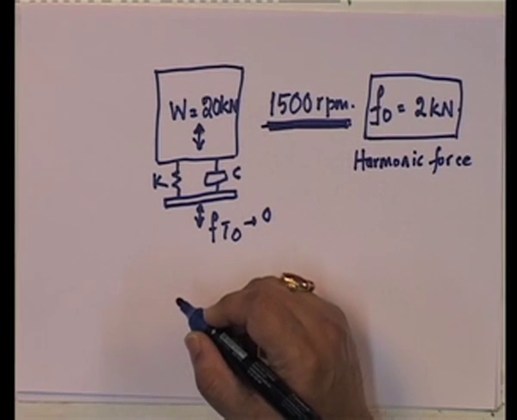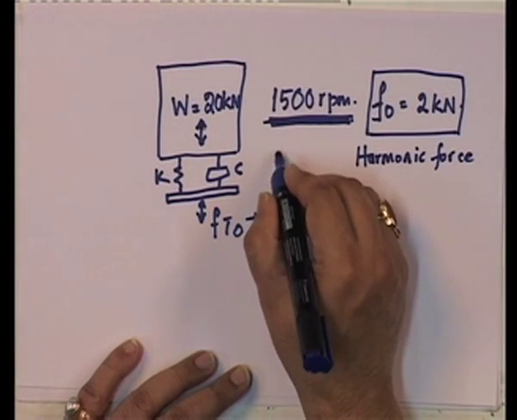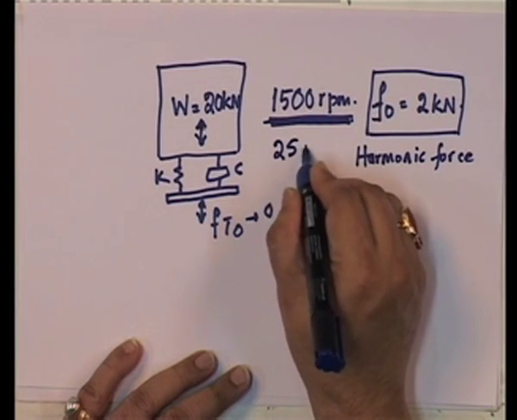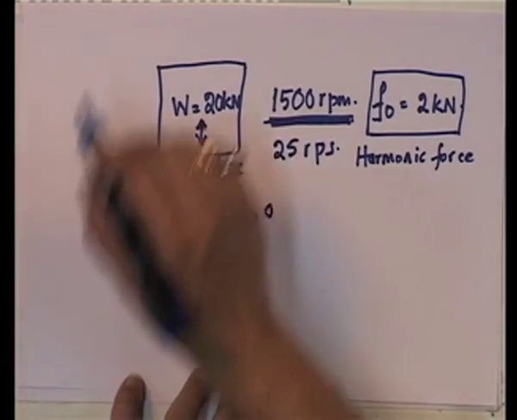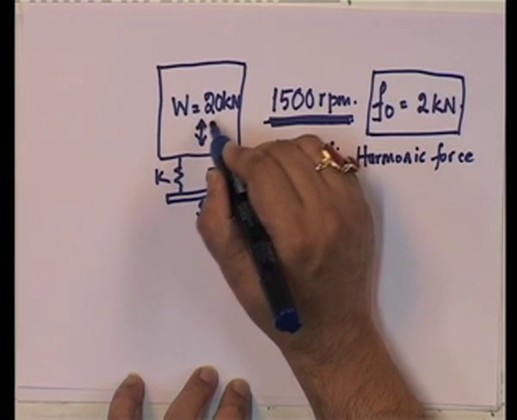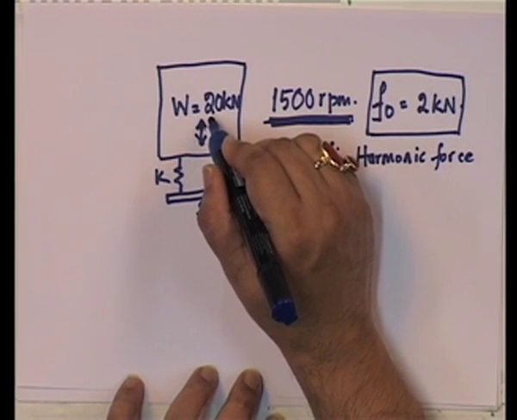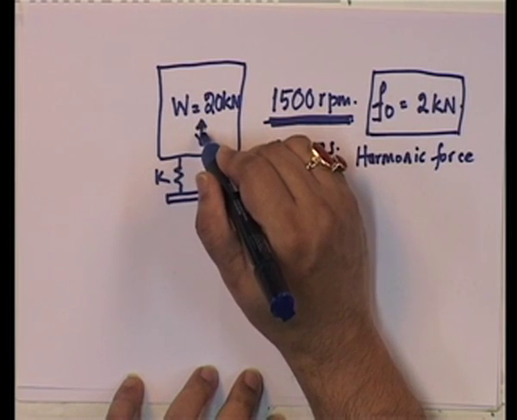What does 1500 revolutions per minute mean? Let us divide by 60, what do you get? 25 revolutions per second. Revolutions per second means every 1/25th of a second, the force goes round and comes back to 0.